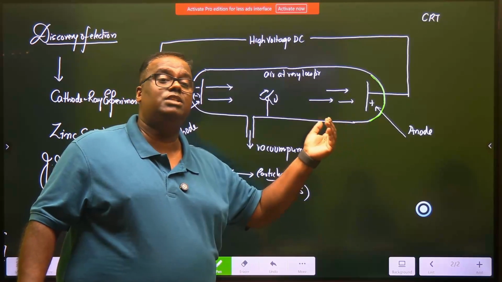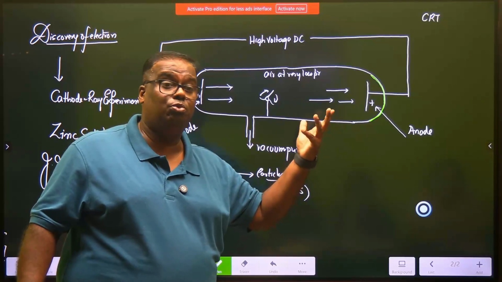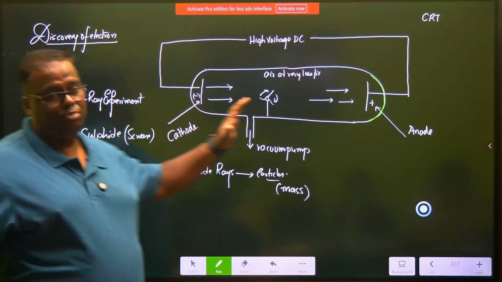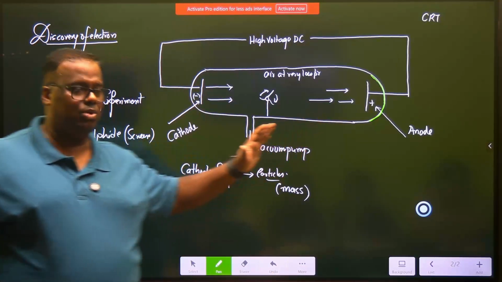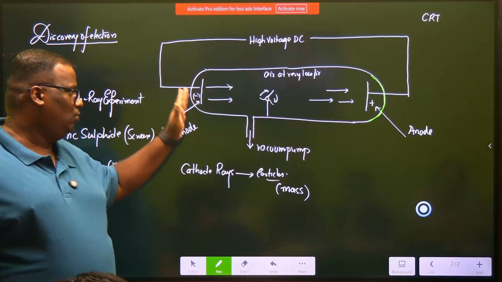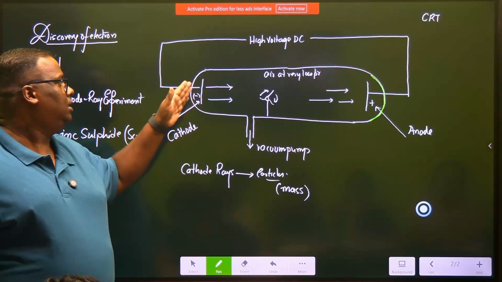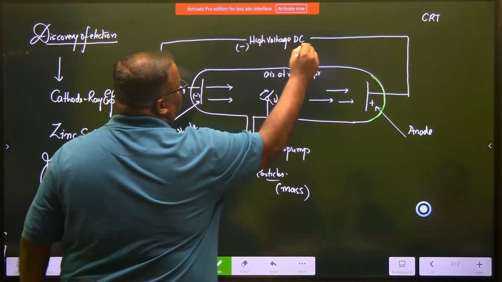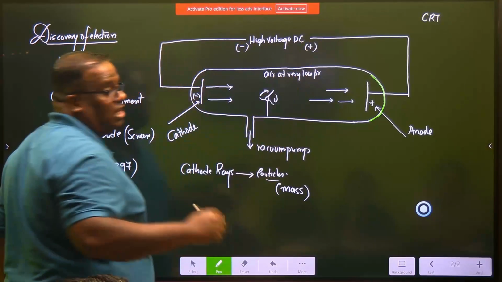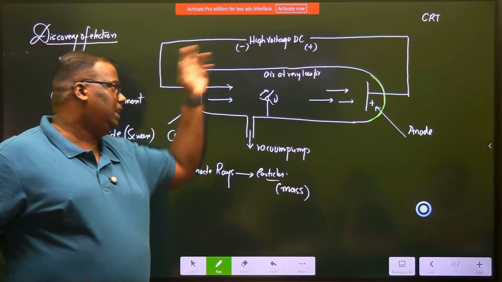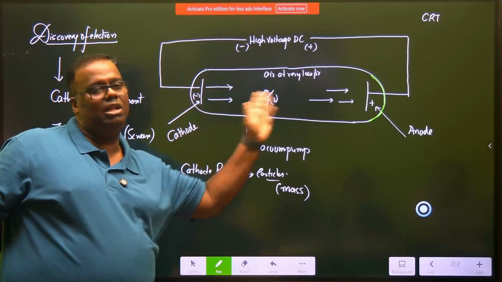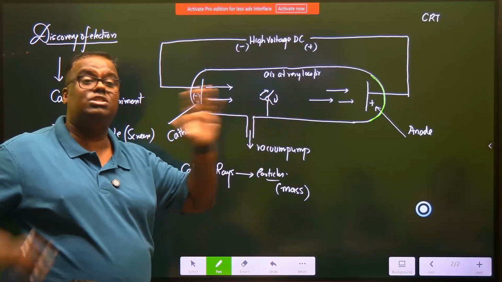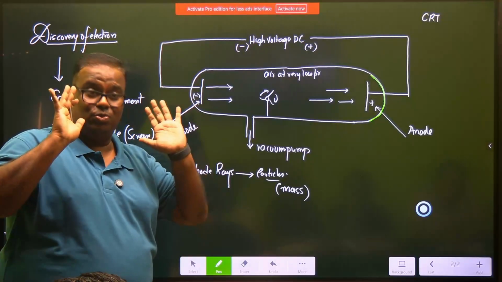So the particles must be negatively charged, but you have to prove this, whether the particles were positively charged or negatively charged. What happens when high voltage is applied is that the negative side repels the electrons out from here. Still, we don't know the word electron because we are in 1897.